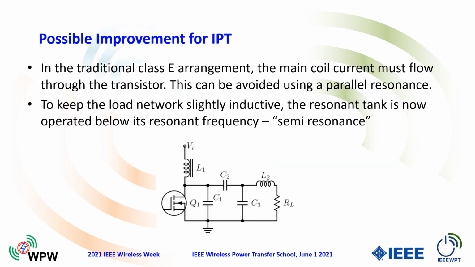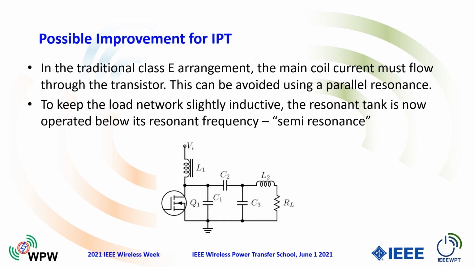One of the things that you might do, and we've done in the past, for improving the performance of these systems and minimizing the VA rating of the semiconductors, as I mentioned earlier, is to introduce the concept of semi-resonance. So you can see C3 has been added into this system here to operate the system at semi-resonance. This ultimately reduces the current rating of Q1 because now a large fraction of the tank current, the resonant tank current that must flow through the transmit inductor L2 in order to establish the magnetic field, now circulates within L2 and C3 and does not have to then flow through Q1.